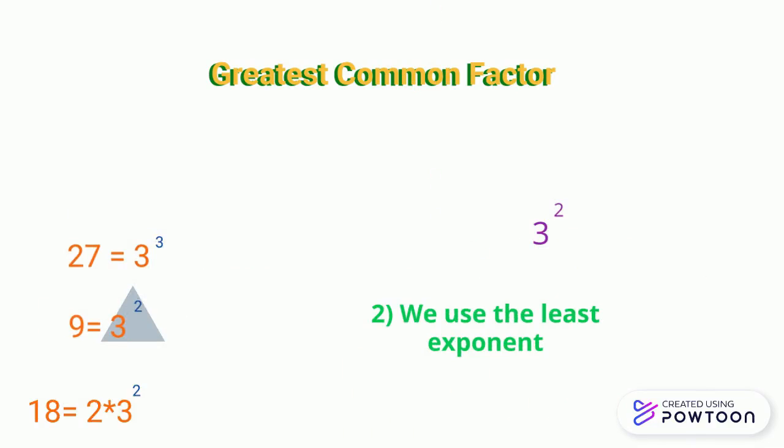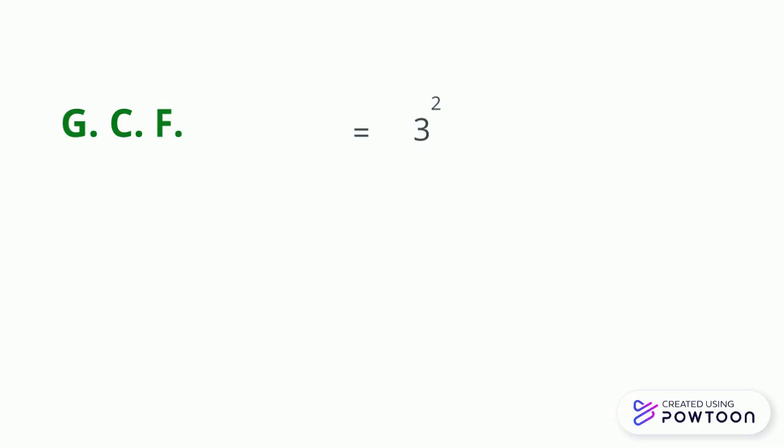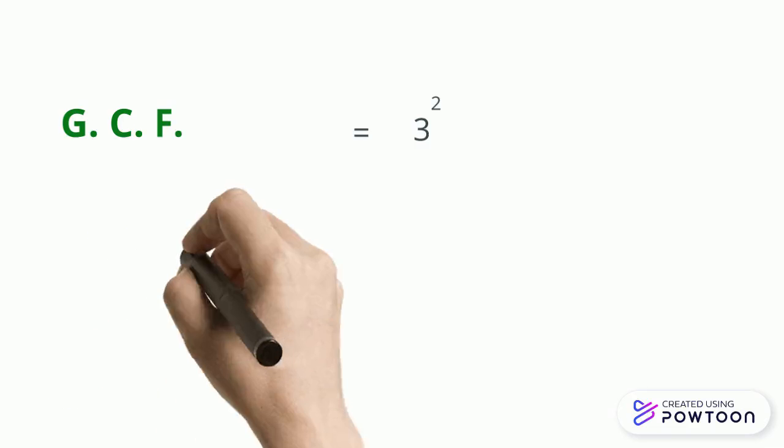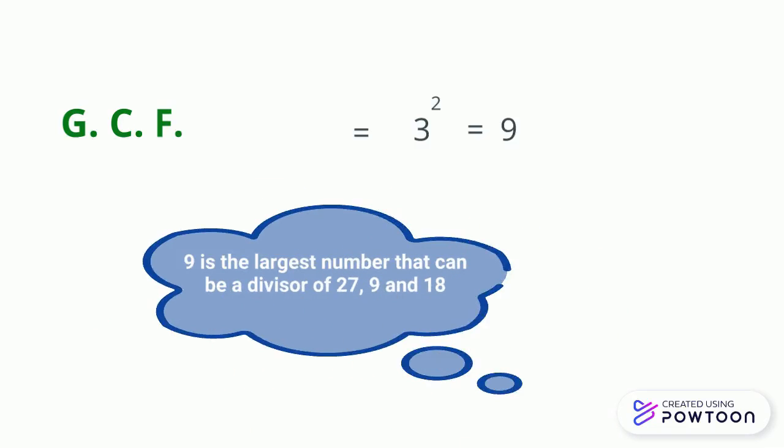The selected prime is used with the smallest of its exponents. We see that the 3 is the only one that appears in all the compositions and that its smallest exponent is 2. When raising it, we have 9. This is the largest number that can be a divisor of 27, 9, and 18.